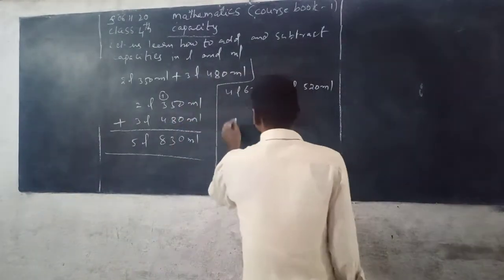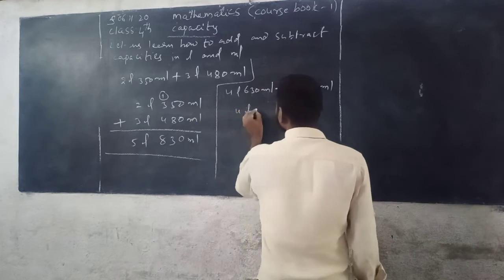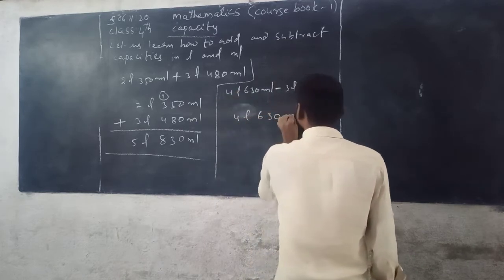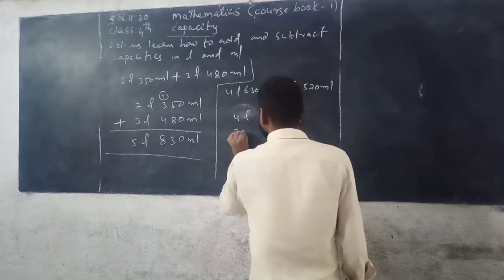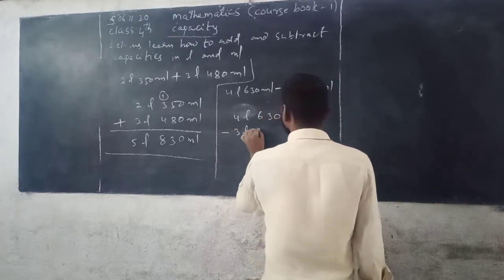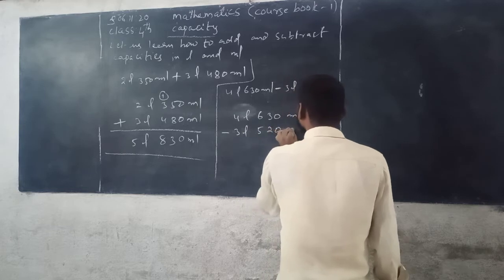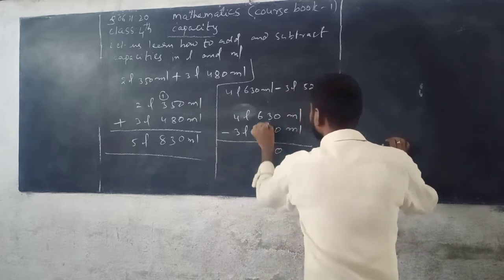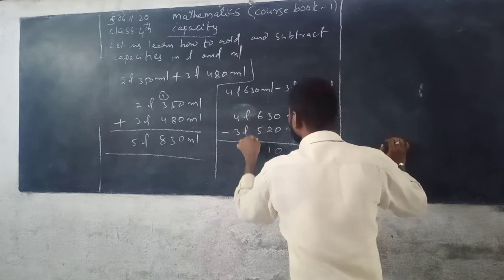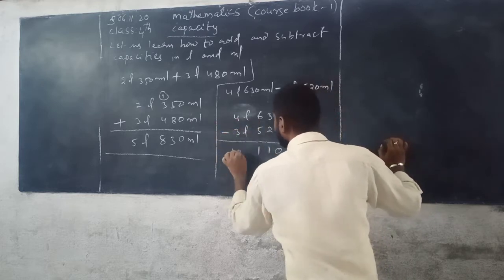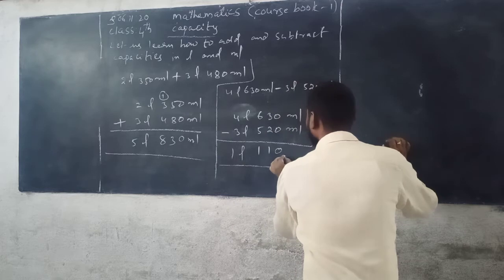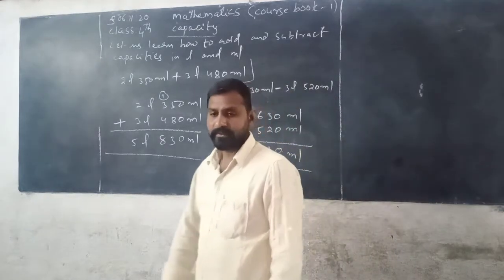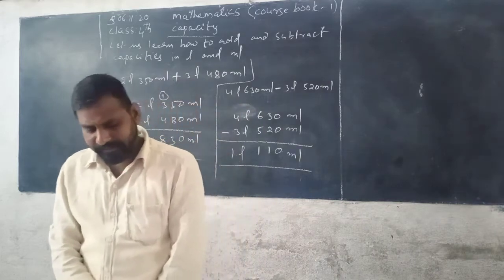Here 4 liter 630 milliliter, next minus 3 liter 520 milliliter. 0 minus 0, 0, 3 minus 2, 1, 6 minus 5, 1, 4 minus 3, 1. So 1 liter 110 milliliter. This is the difference. Now next, word problems.